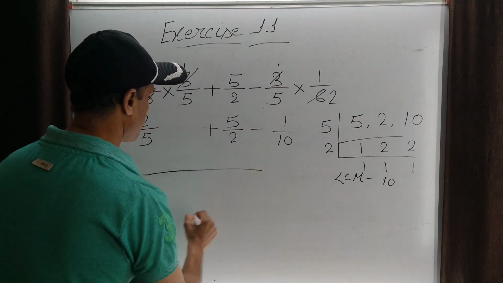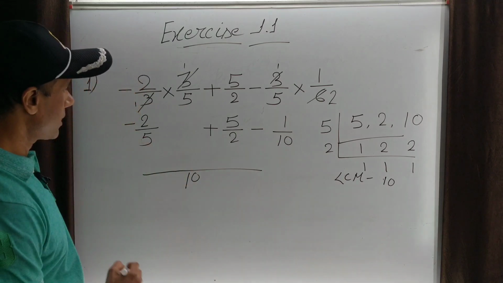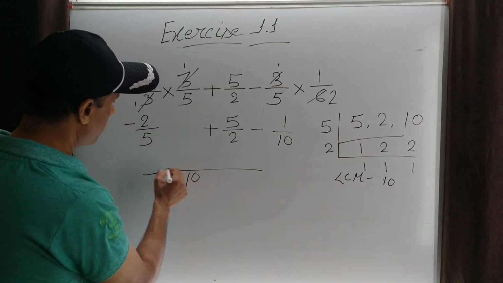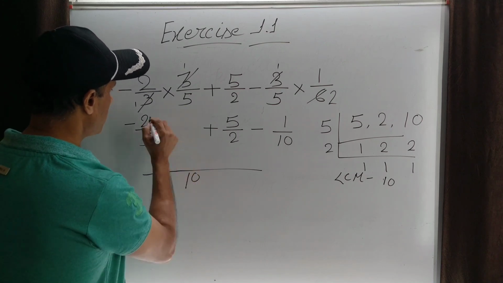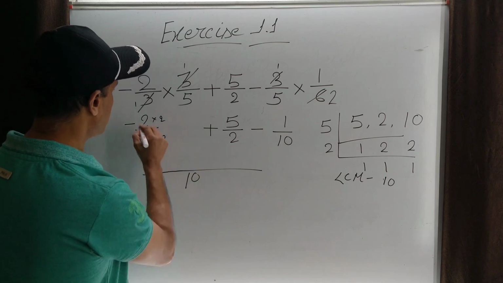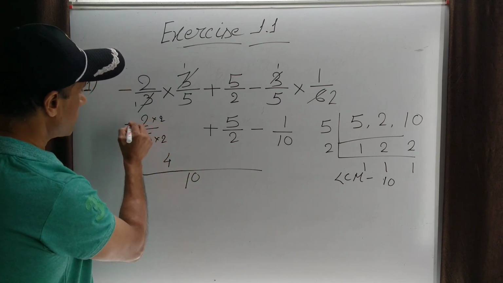So we put the LCM here. To convert 5 into 10, you have to multiply by 2, and again by 2 in the numerator, so you get 10 here, and here you write 4. You retain the negative sign.